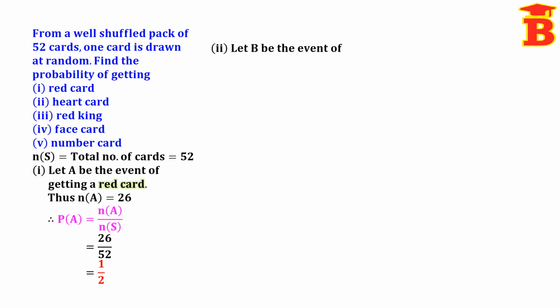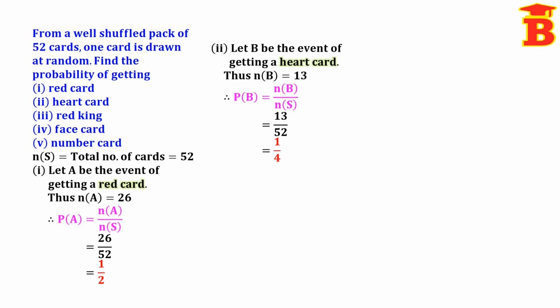Second, heart card. So let B be the event of getting a heart card. So N of B equal to 13. There are 13 heart cards. Now using formula P of B equal to N of B divided by N of S, that is equal to 13 divided by 52. We can cancel by 13. So we get the answer 1 by 4.